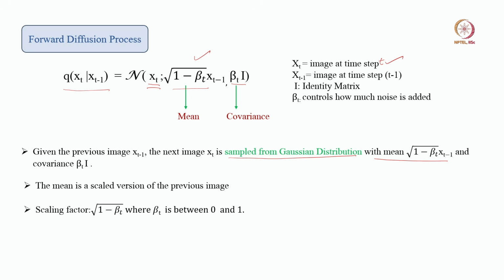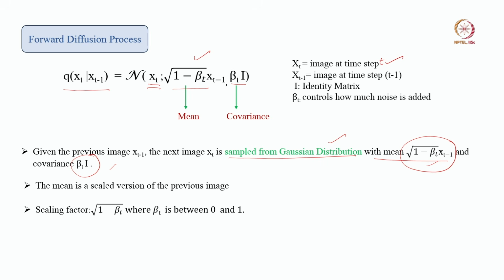So, how will I get xt from this xt minus 1? Once I have the previous image xt minus 1, the next sample xt is basically sampled from the Gaussian distribution with this mean and this covariance beta t into I, and from there I sample xt.